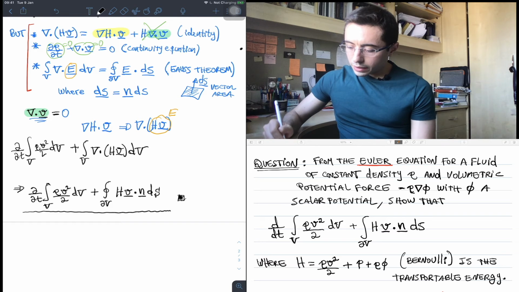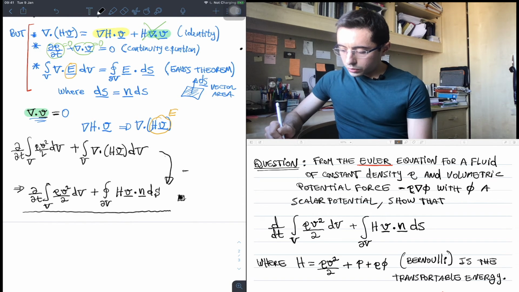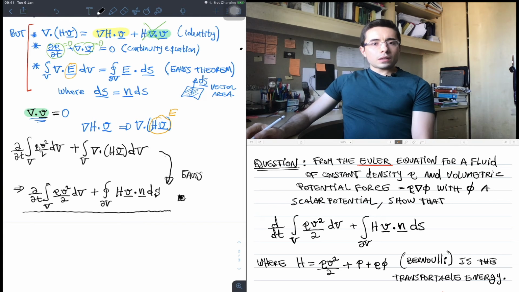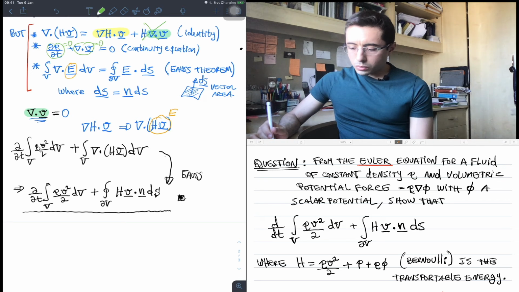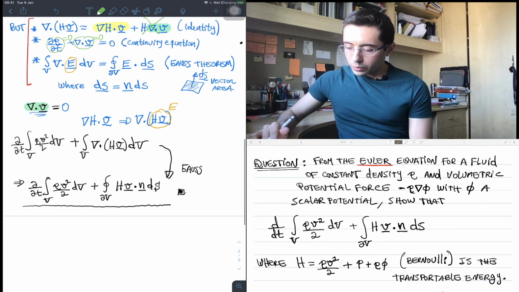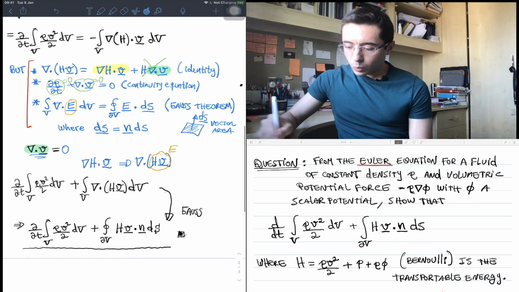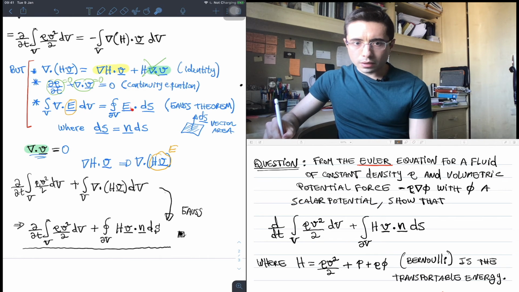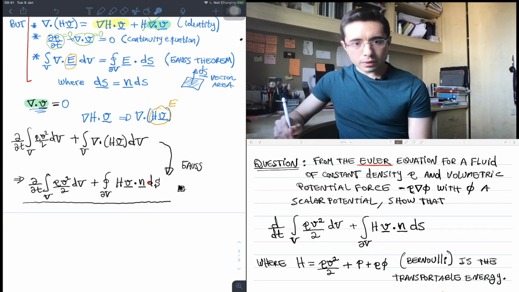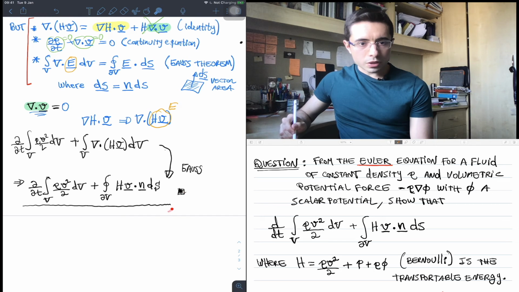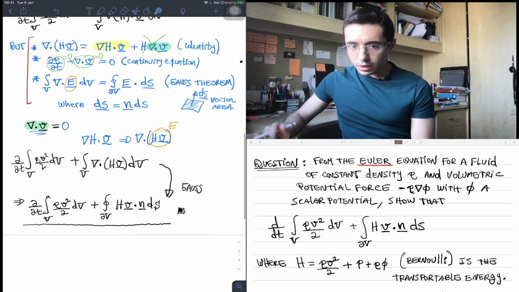And from this line to that line, it's basically using Gauss. And just to confirm that that's true, just remember that when we use the Gauss theorem here, we need to take the scalar product of the vector, which is inside the divergence, with the vector area. And this vector area has n, which is here, and this dS outside, which is here, right? So then that's the proof, it's finished here, because that's exactly what the question asked us to show.